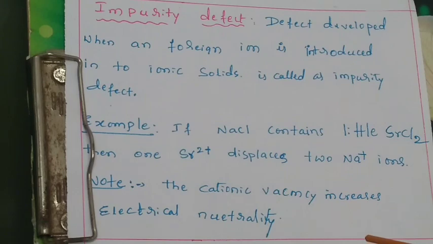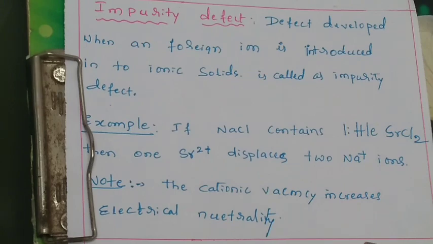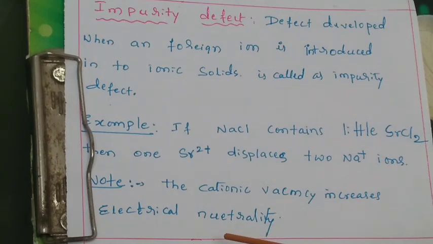Due to this impurity defect, it creates cationic vacancies. If it creates cationic vacancies, the number of electrons will be in excess. Due to the increase in the number of electrons, that increases the electrical conductivity of the ionic solid.